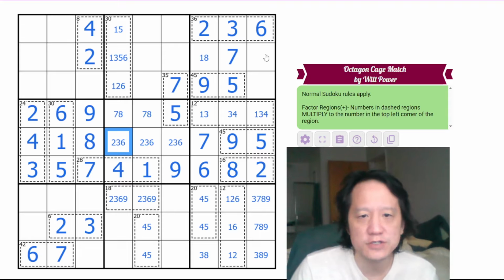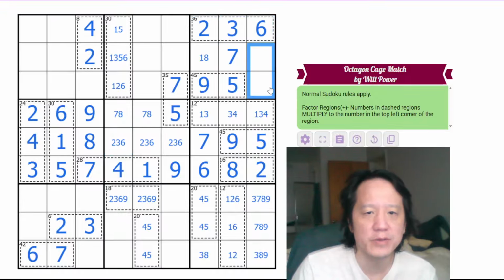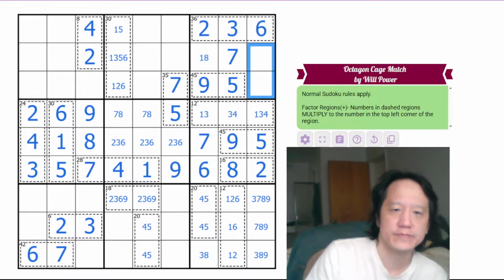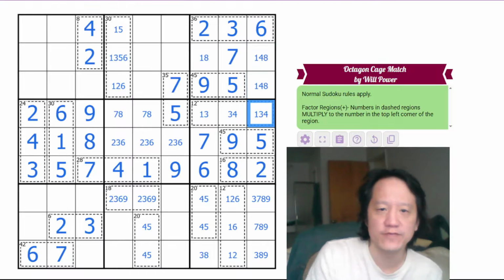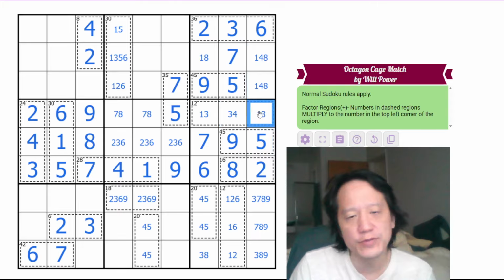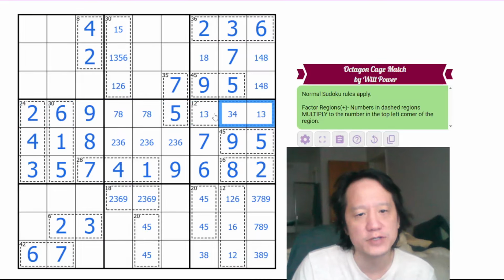Let's run some Sudoku then. Remaining digits in this upper right-hand box, we have 1, 4, and 8. And we're guaranteed a 4 is here, so this cannot be 4. We have a 1, 3 pair in row 4 now, which eliminates 1 and 3. Oh yeah, this 3 eliminates 3 here, there. So that's 4.